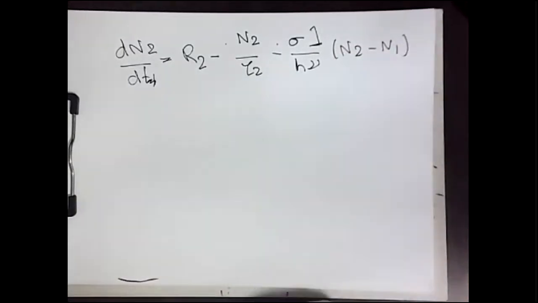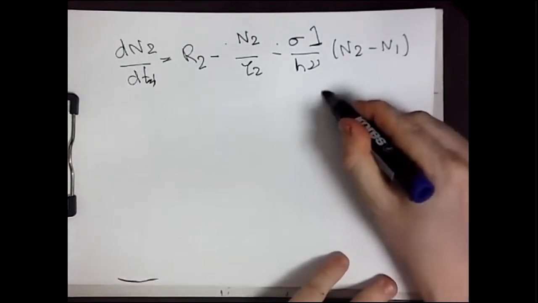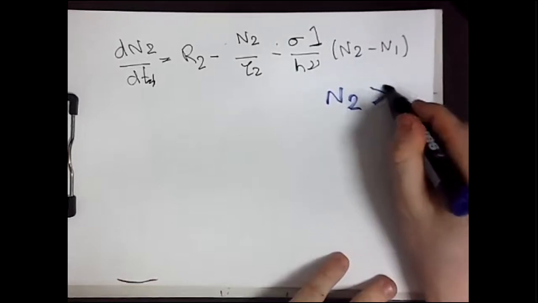This is the rate equation for the energy level. Now, our assumption is that N2 is much greater than N1.